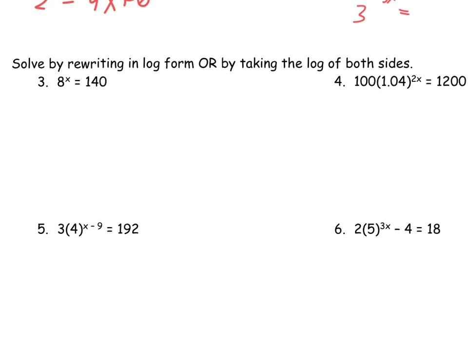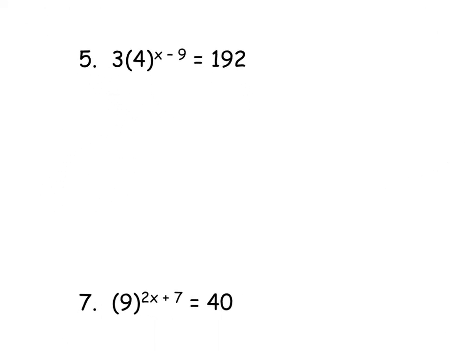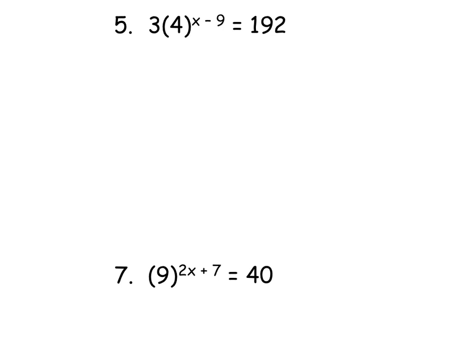Just to kind of get you going, I think I'll do number 5 here. Now, I only have one variable in the exponent. That's x minus 9. My base is 4. Okay, we just have to get that by ourselves. So I don't have to add or subtract anything. I have to divide by 3.